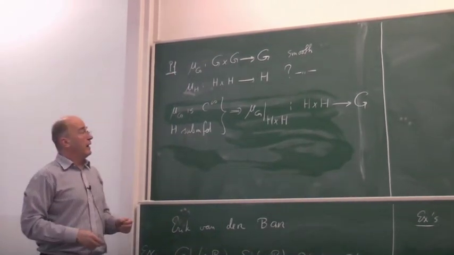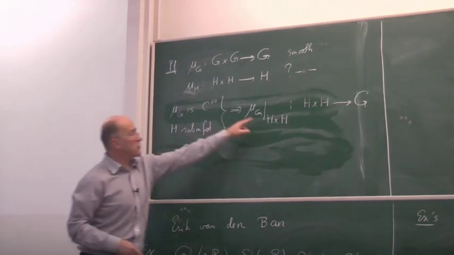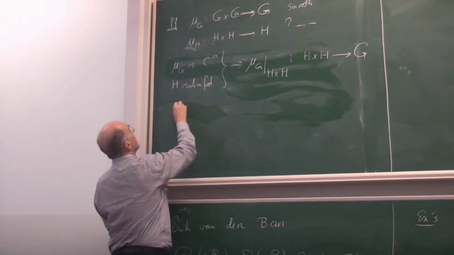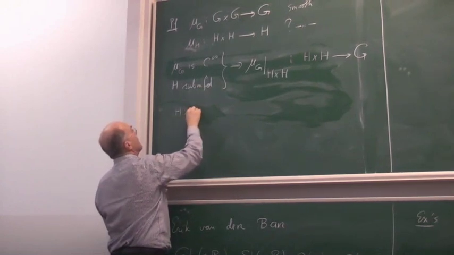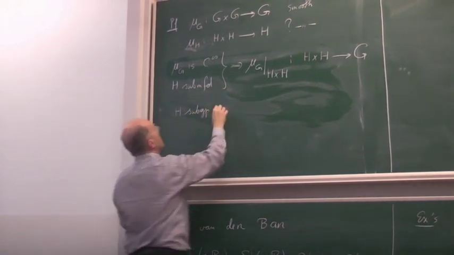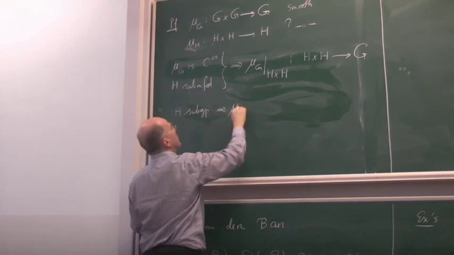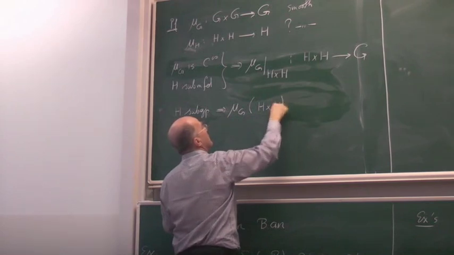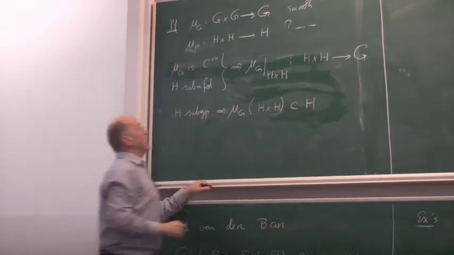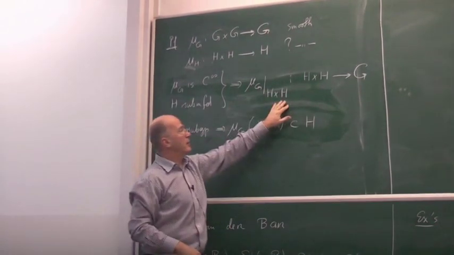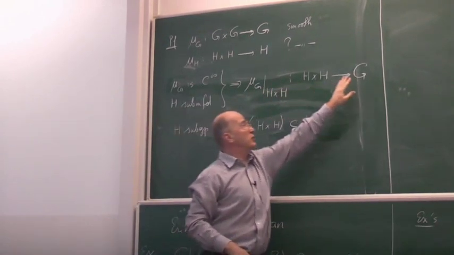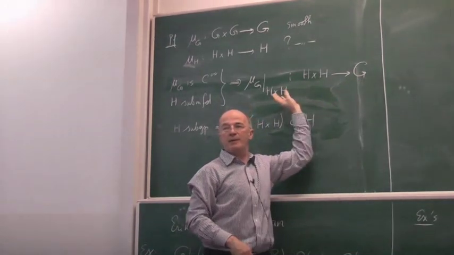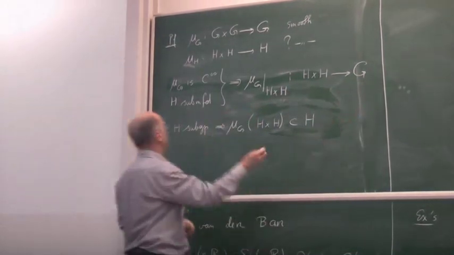Right. Now, we also know that because H is a subgroup, the restriction of mu G maps H times H into H. And now we know that if we have a smooth map which maps into a smooth submanifold, then this map is smooth as a map into the submanifold.